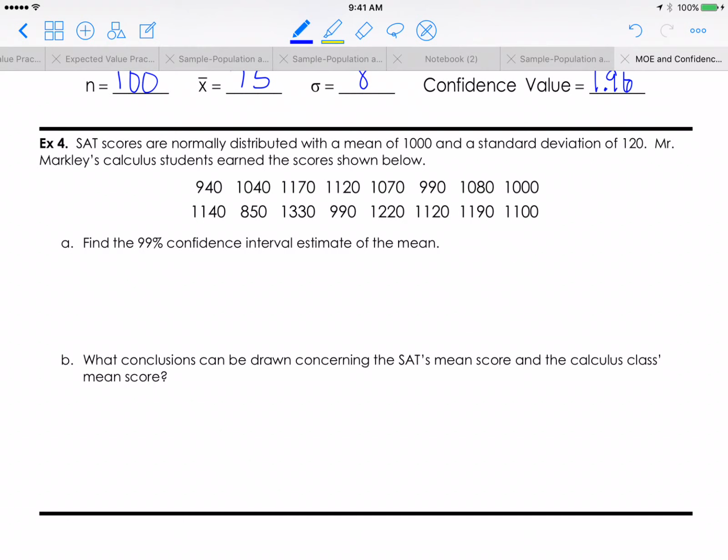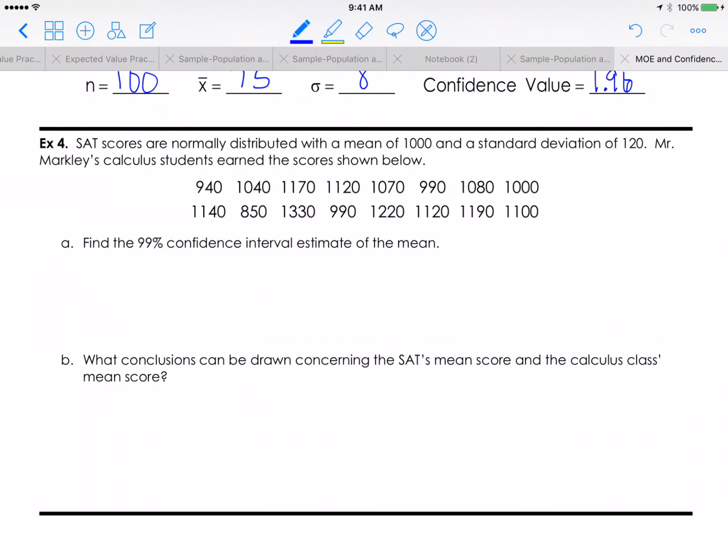All right, so let's see what this says. Is this the same stuff that we've been doing? Okay, so on this one, it says the SAT scores are normally distributed with a mean of 1,000 and a standard deviation of 120. Mr. Markley's calculus students earned the scores shown below.